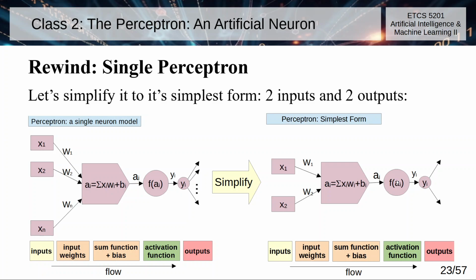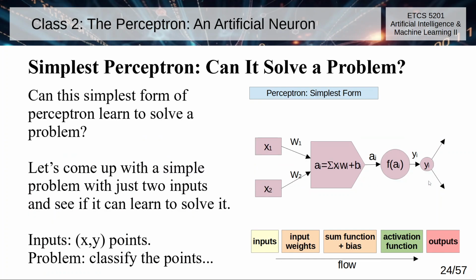Our activation function, we're going to make that a very simple threshold as well. And then that just feeds out to our output layer here, which is this yi layer. So that's in its simplest form. And so with this simplest perceptron, with just 2 inputs and 2 weights and this activation function, can we get this to solve a problem?